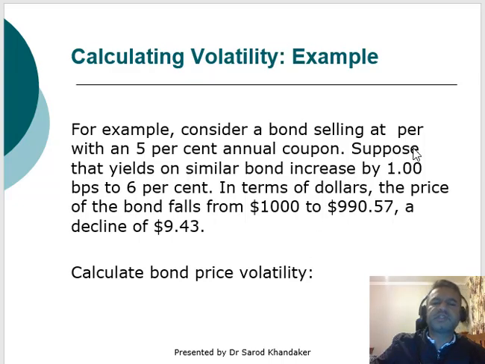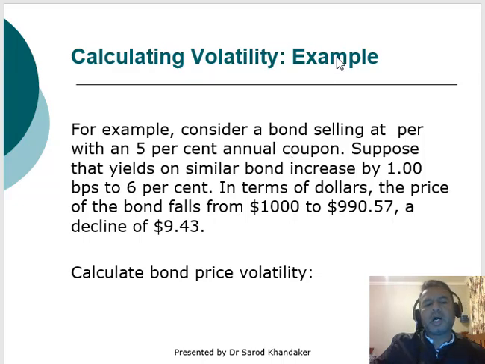So in this example, we know the price of the bond today, or the current price, which is 990.57. We know the price of the bond previously, or Pt minus 1, is 1000, and we also know the coupon rate.